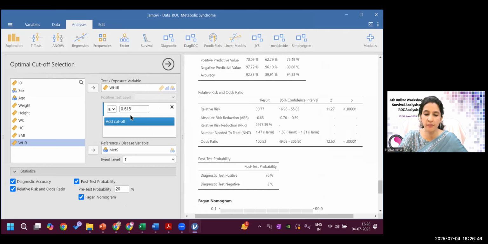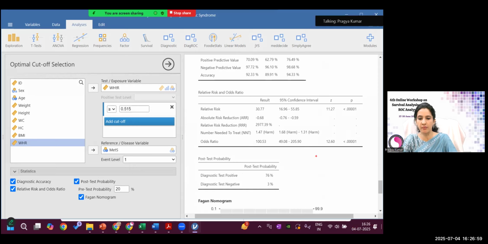So if you measure that person and the waist height ratio is more than 0.51, then your post-test probability, the positive test. Here I mean that the waist height ratio is more than 0.5.